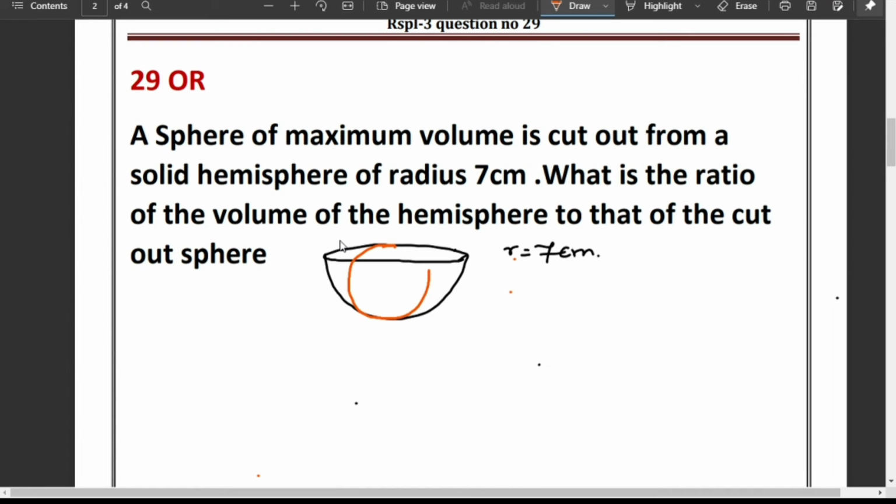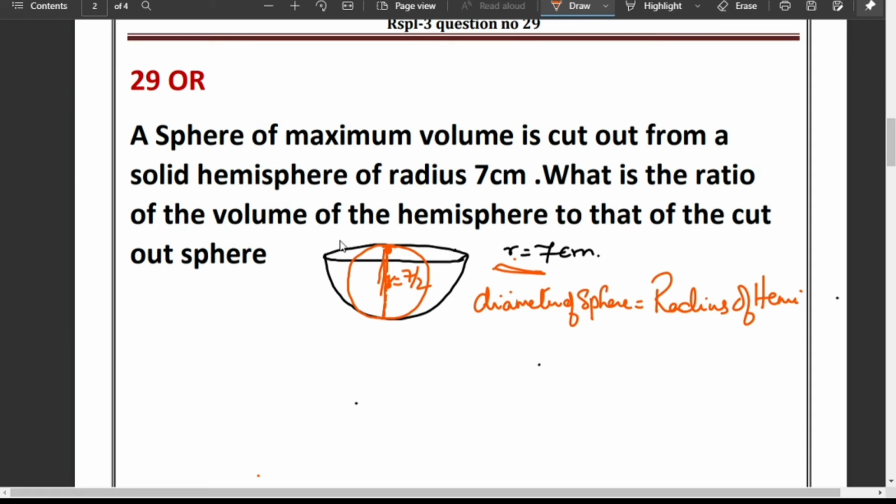While drawing you can make out, check out this one, the diameter of the sphere is equal to the radius of the hemisphere. Can you make out from here? From this point to here end, that is the radius of the hemisphere, and this becomes the diameter. So the radius of the sphere will be 7 by 2. That's it, we have to note down.